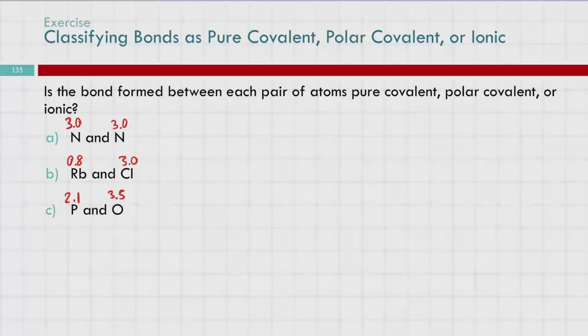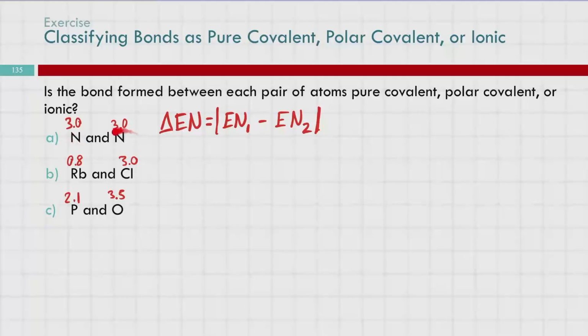So we can calculate our difference in electronegativity. It's just the first electronegativity minus the second electronegativity. It doesn't really matter what order you put them in. If you get a negative number, just make it positive, because we just care about what the distance is between them. So we'll make it a little more robust and add absolute value bars.